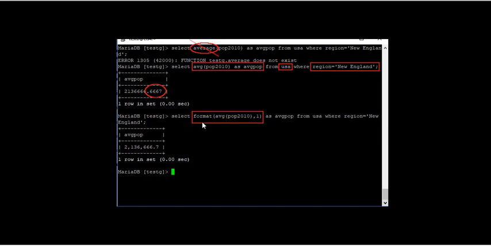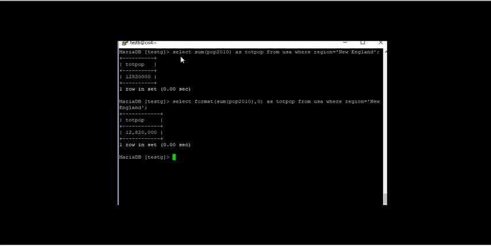So select, wait a minute, instead of average Pop 2010, I got format of the average Pop 2010, comma 1 as average pop. That way it's 2,136,666.7 for the average population, where region equals New England.